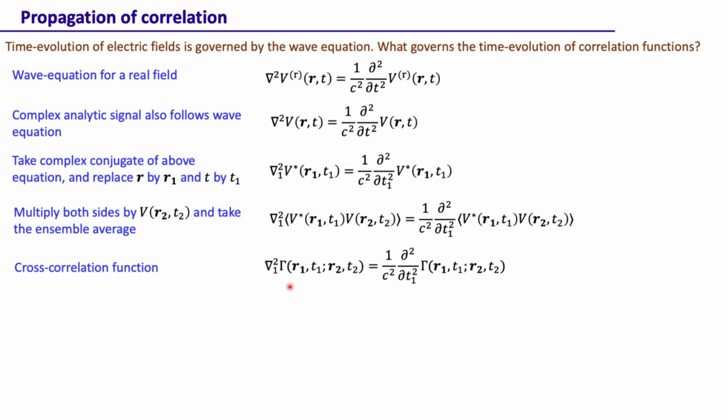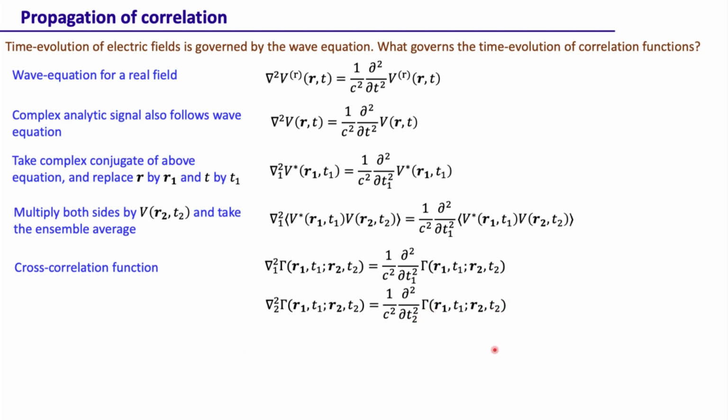So we see that the cross correlation function actually follows a wave equation, but here this wave equation is only with respect to r1. The derivative is only with respect to r1, and this one is only with respect to t1. But we could as well have started by taking the derivative with respect to r2 and t2, and in that case we would have gotten this equation instead, which is del squared 2 of gamma and 1 over c squared del squared over del t2 squared of gamma.